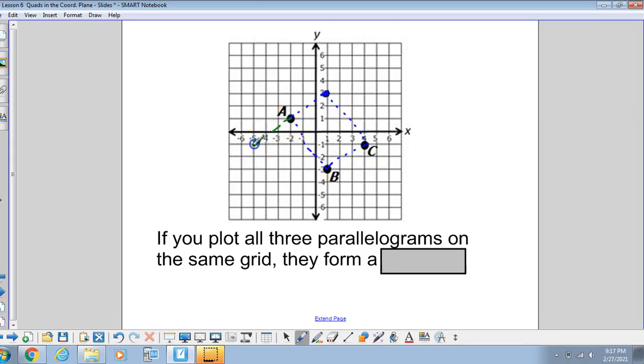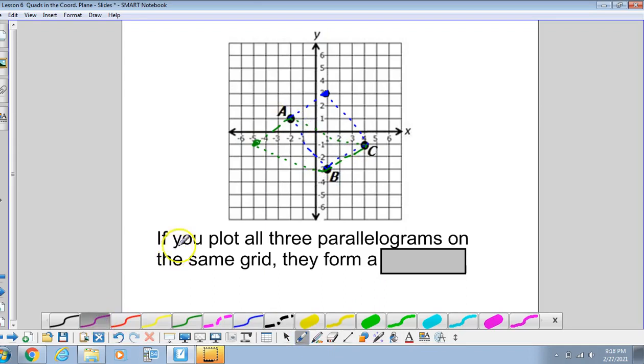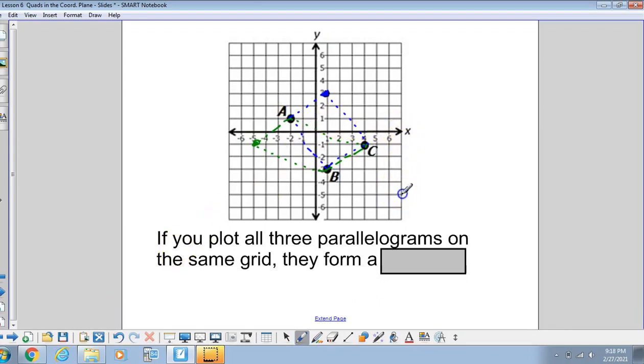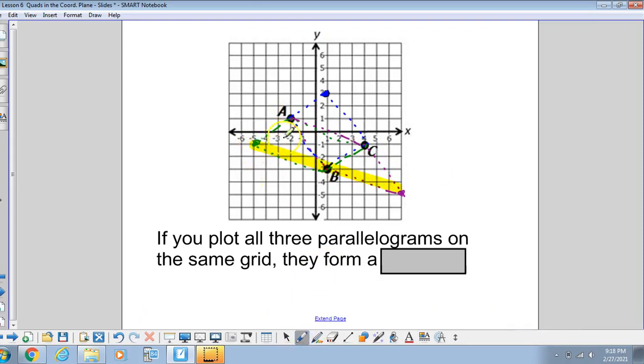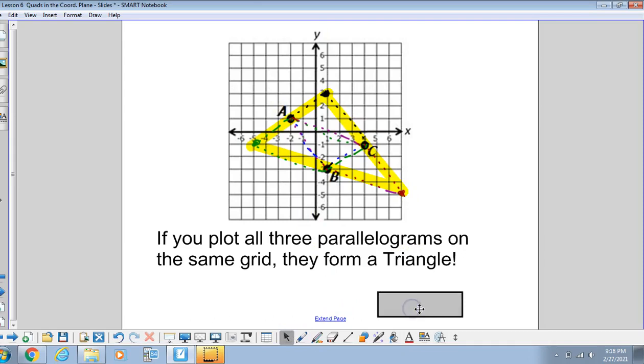That gave us, when we drew this, and then our fourth quadrant was at (7, -5). When we drew that one in, the shape that we get if we connect all of those points right there, you would see that we actually get a triangle. So when you draw in all of the ways that you could make a parallelogram, we get a triangle.